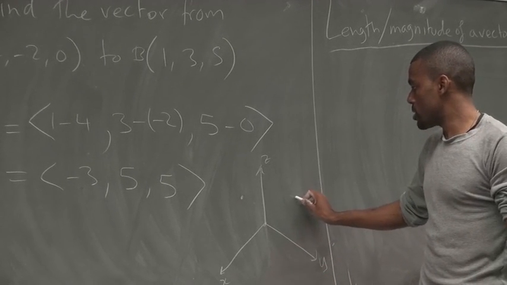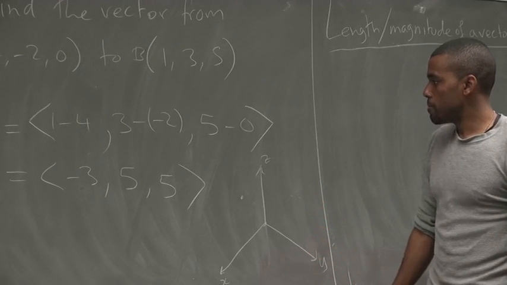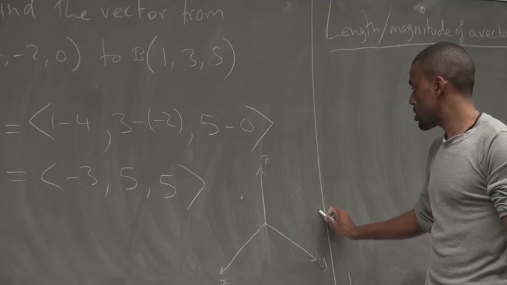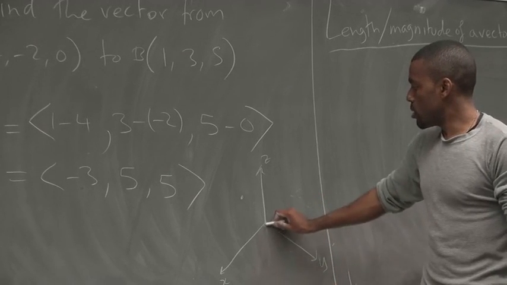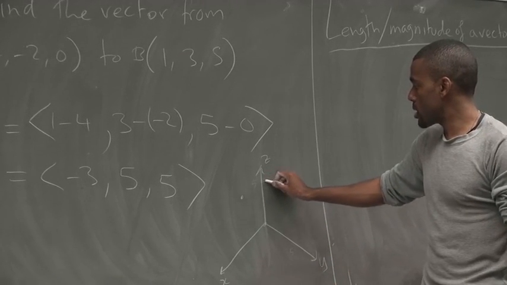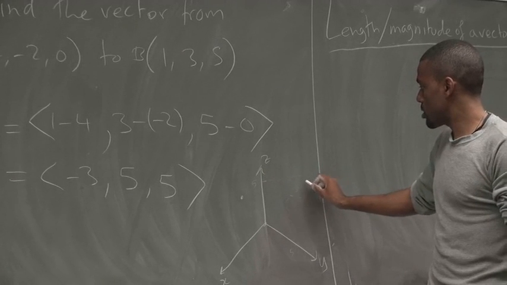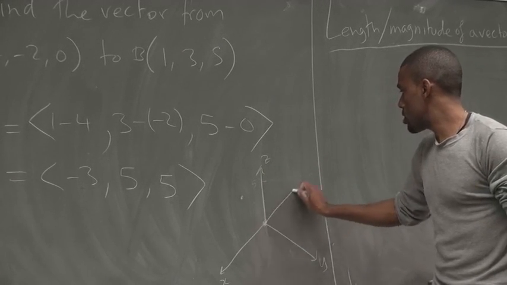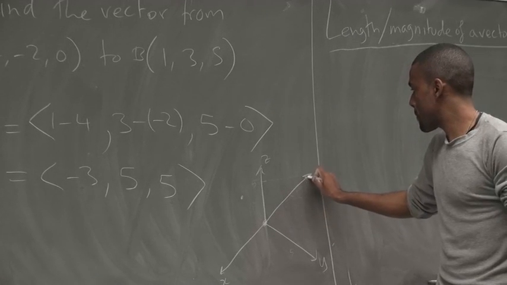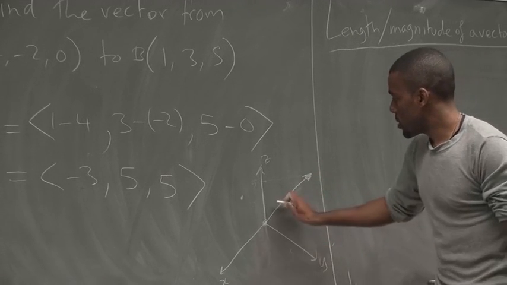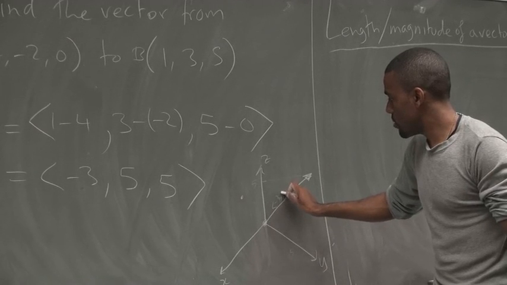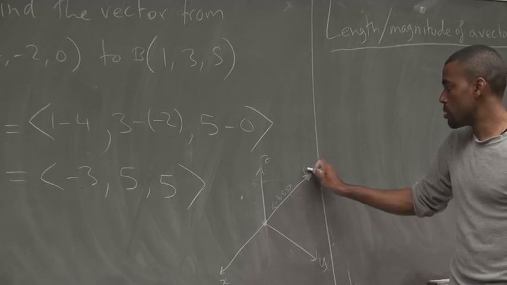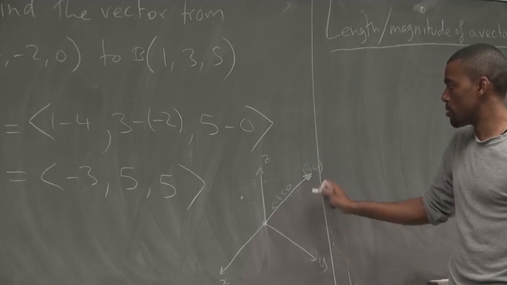Well, I'd go 3 units back this way, 5 units in the positive y direction, and then I go 5 units in the positive z direction. And so the vector is going to go from the origin to that point. This is the vector minus 3, 5, 5, and if it's a position vector, it will actually hit the coordinate minus 3, 5, 5.